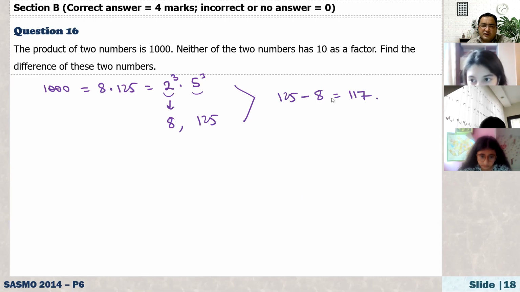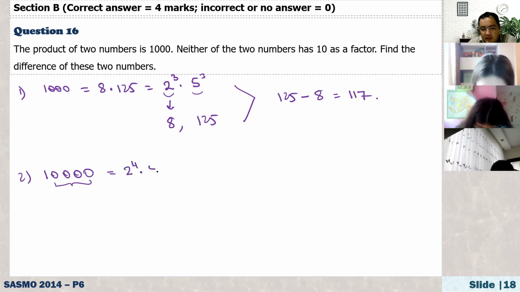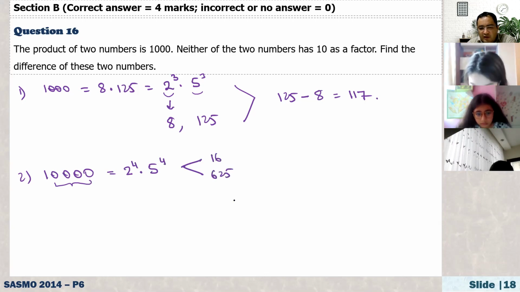Now, if I ask you, for example, instead of 1000, how about 10,000? Again, in a similar way, we have four zeros here. I can write it as 2 to the power of 4 times 5 to the power of 4. So those numbers are 2 to the power of 4, 16, and 5 to the power of 4, that's 625.